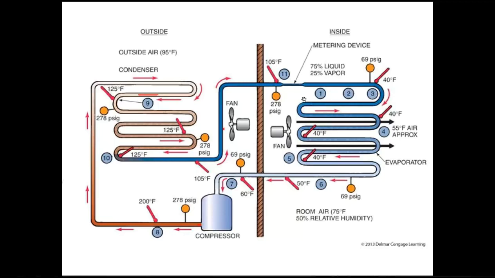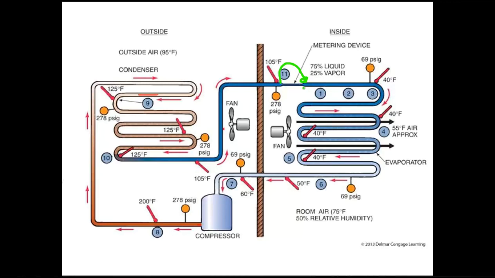And what it does is, whatever type of metering device it may be, it will reduce the pressure as the refrigerant moves through the metering device. Now, our gas laws tell us when we reduce pressure, we also reduce temperature.